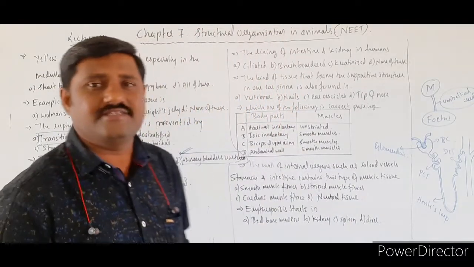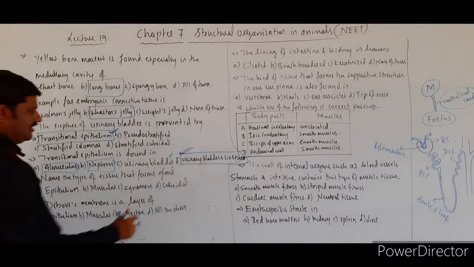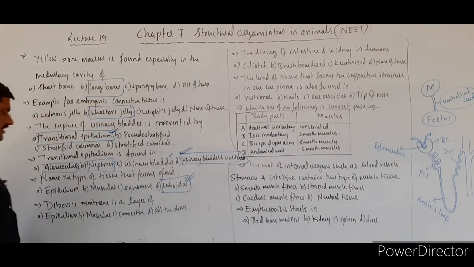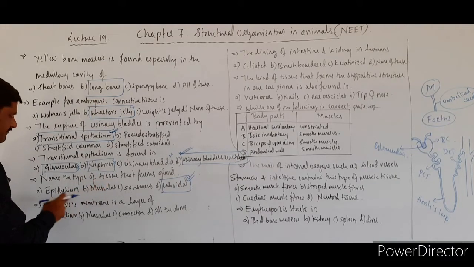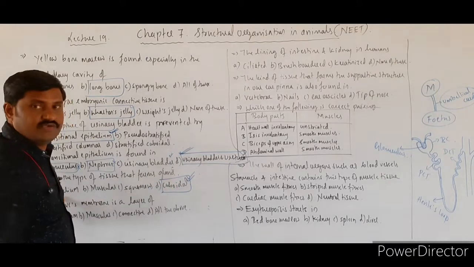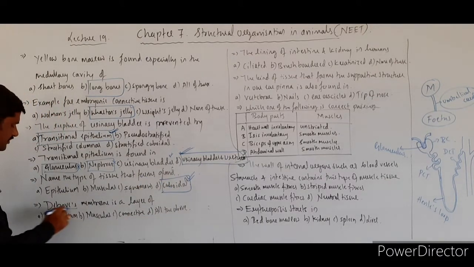That's why the answer is always cuboidal epithelium. If it is a gland, then the answer is cuboidal epithelium. It is the correct answer, right? Epithelial tissue, and of course, what type of epithelium? Cuboidal epithelium. That is very important, right? The next question is somewhat different.